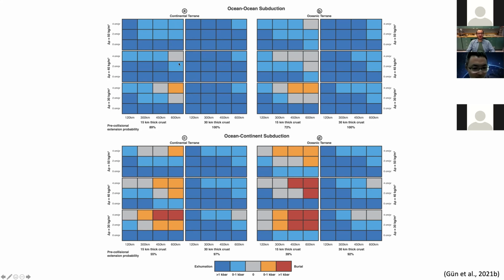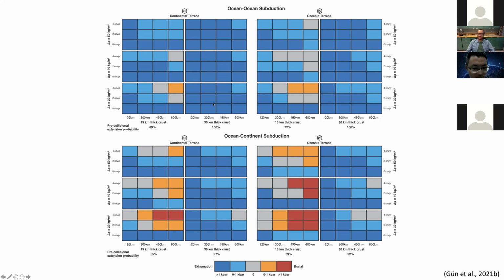For example, in A, we are showing only continental terrains, similar to the first models I showed you, in an ocean-ocean subduction zone, which is an interoceanic subduction zone. The first set of models I showed you before were only in this box, these 12 models. Now we expand every parameter, and we have 288.